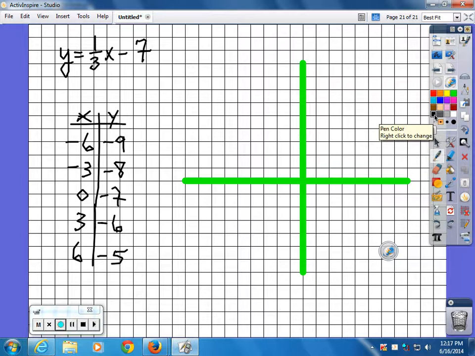All right, (-6, -9). 1, 2, 3, 4, 5, 6. 1, 2, 3, 4, 5, 6, 7, 8, 9. (-3, -8). 1, 2, 3. 1, 2, 3, 4, 5, 6, 7, 8. (0, -7). That's 8. (0, -7) would be right in there. And then (3, -6).